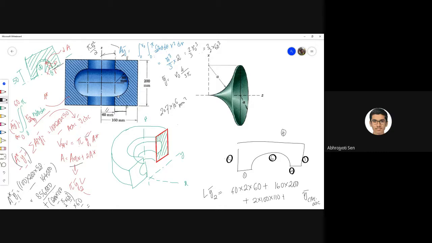Sir, when you said surface area, that means the outer surface area and the inner hollow surface area, right? No. I mean, this is not a hollow geometry. This is a solid geometry. So basically, the total surface area is the area of revolution when you revolve this geometry right here, plus twice of this geometry.